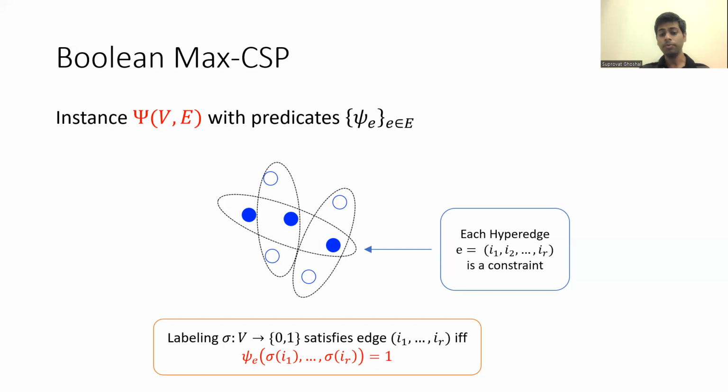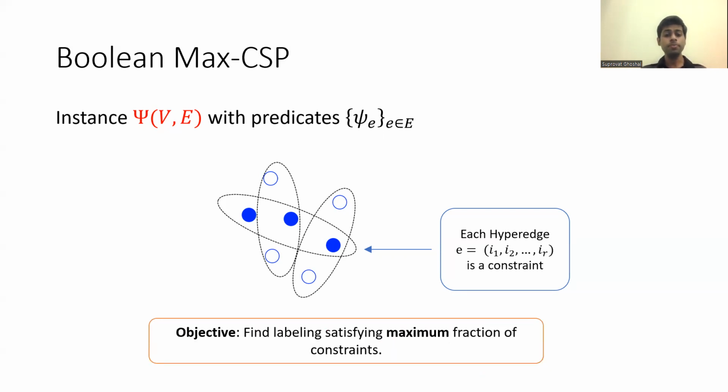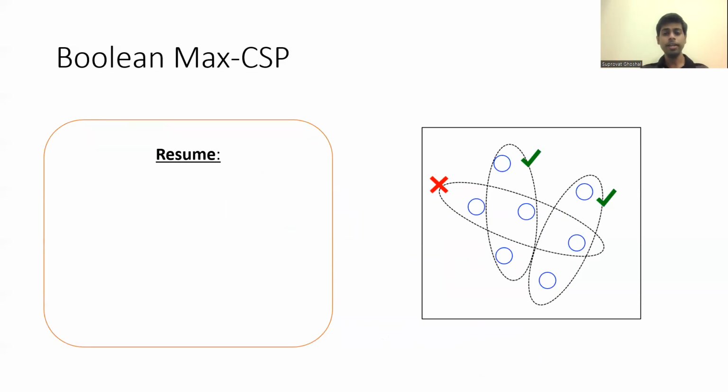That is, sigma I1 through sigma IR form a string which is in the pre-image set of this predicate. Overall, the goal of this problem is to find a labeling of all the vertices which simultaneously satisfies the maximum fraction of these edges.